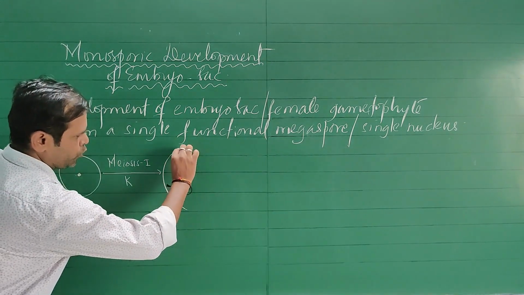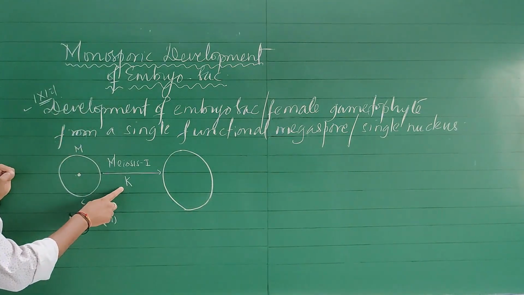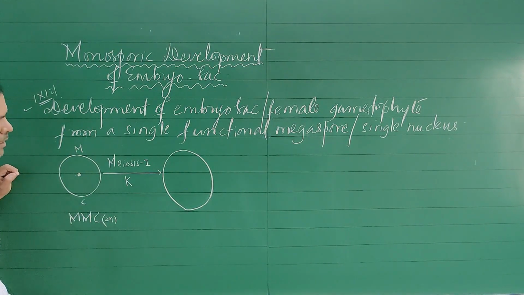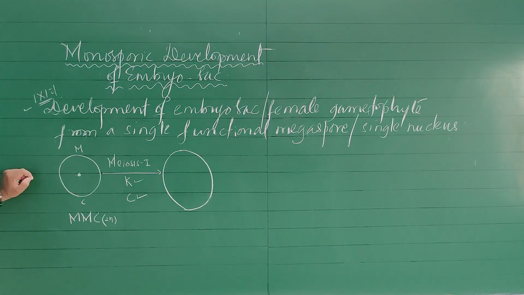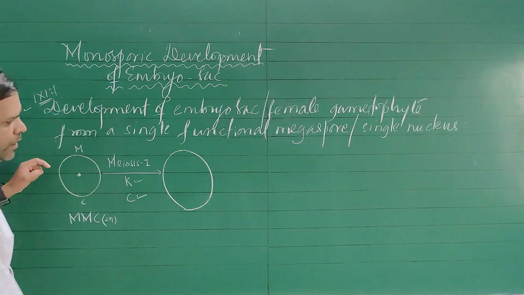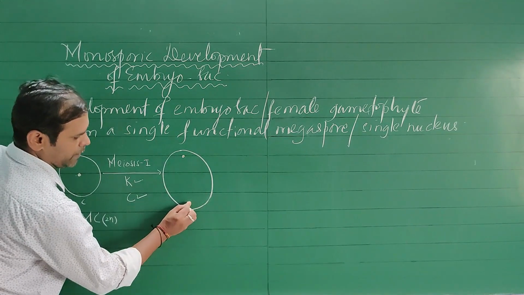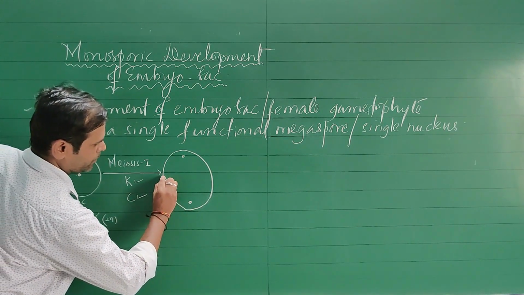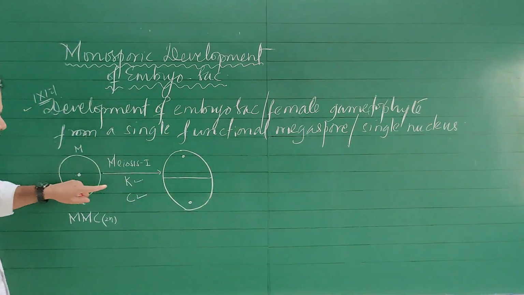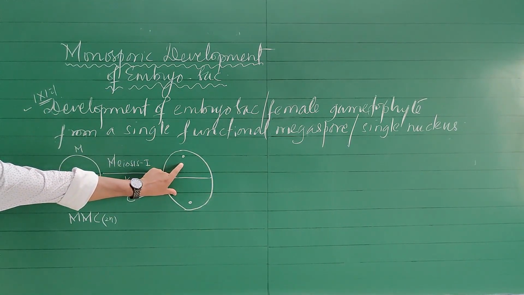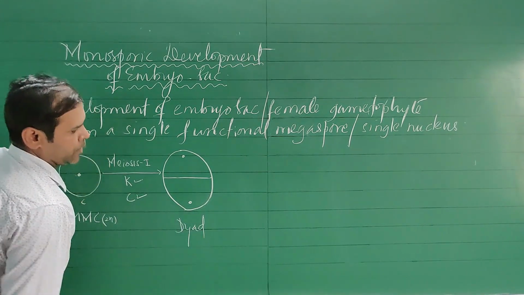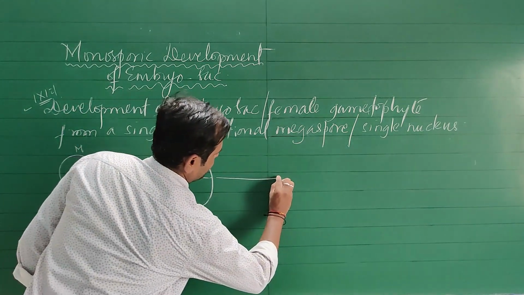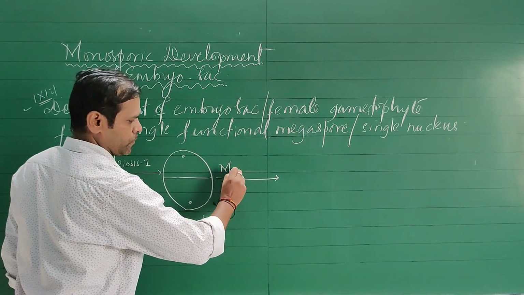Therefore, two nuclei are formed because karyokinesis is division of nucleus. Then it undergoes cytokinesis, that is two cells are formed. Now this condition is called dyad.